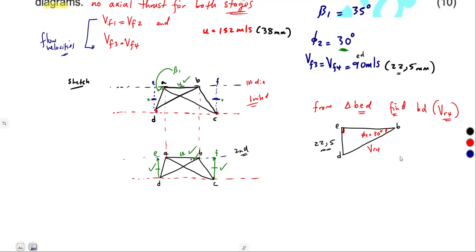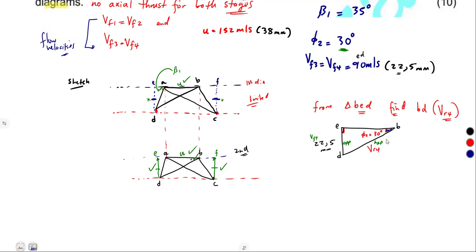BD represents VR4. Okay, so that's the right angle triangle. Given this angle, the 22,5 that we are given, our flow velocity, is the opposite. What we need to calculate is the hypotenuse, the one that faces 90.